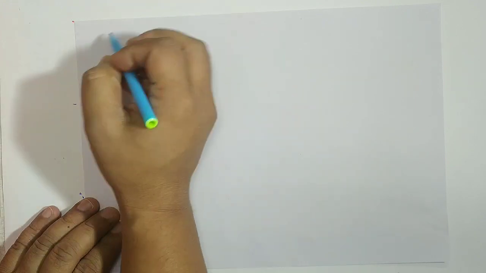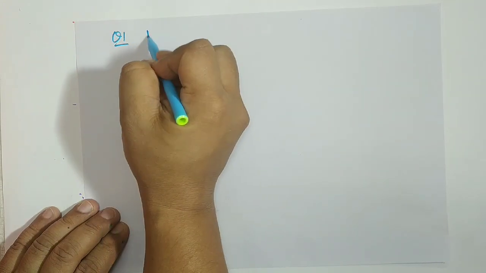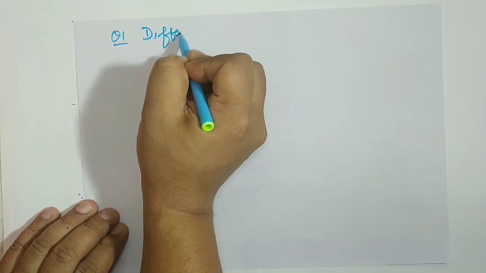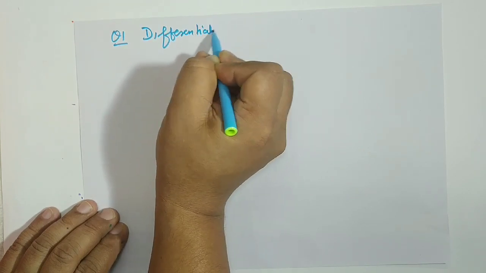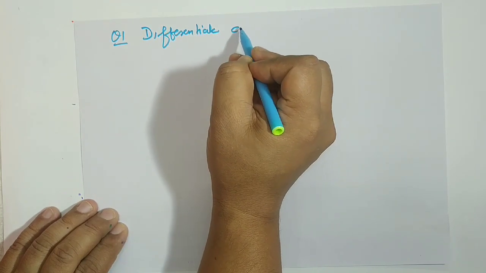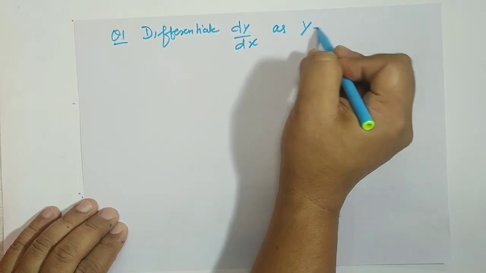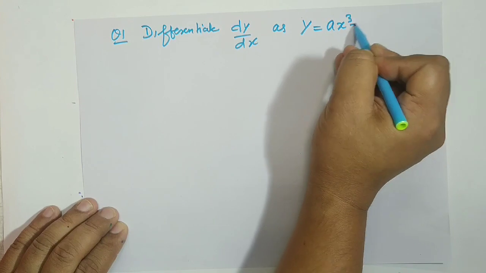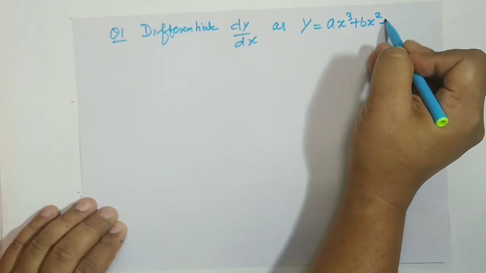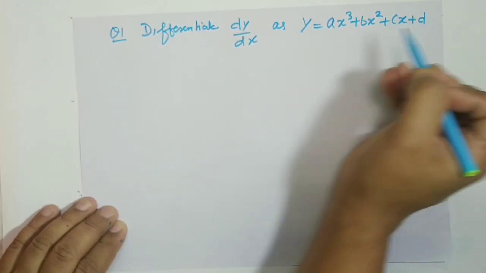Say some questions. Differentiate. We need dy by dx, as y is given, say y equals ax cube plus bx square plus cx plus d. Now you can differentiate it.